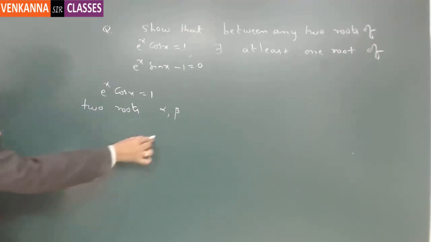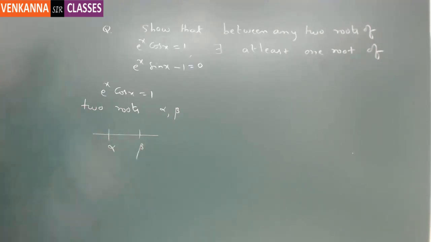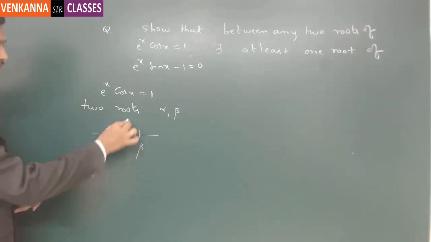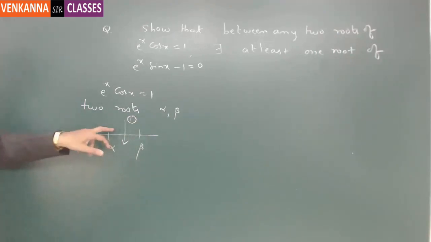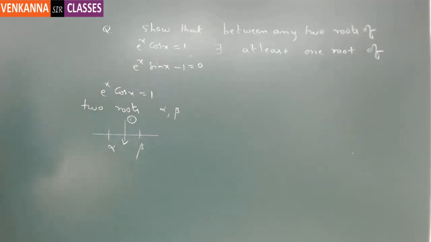So I have taken alpha, beta as roots of the equation e power x cos x equal to 1. So between these two values, I can find at least one value which is a root for this equation. Is that clear?